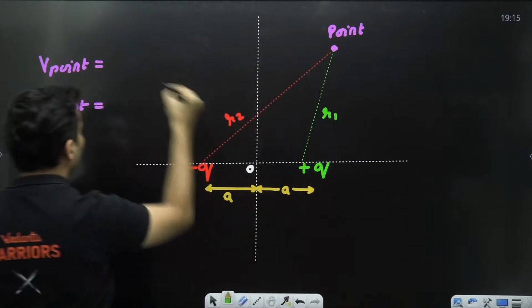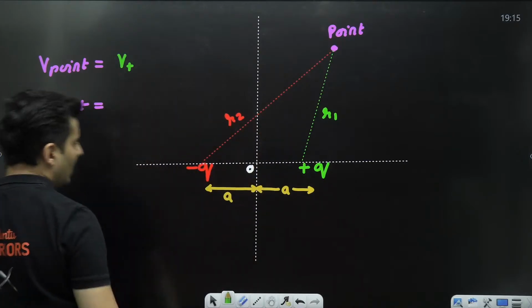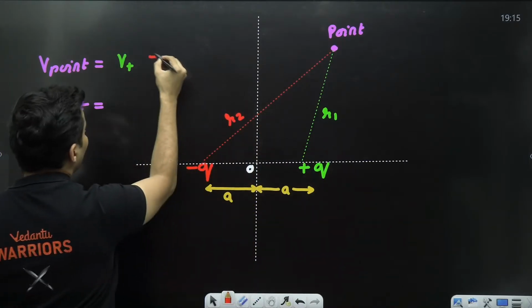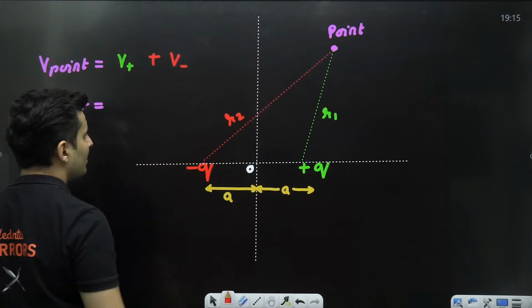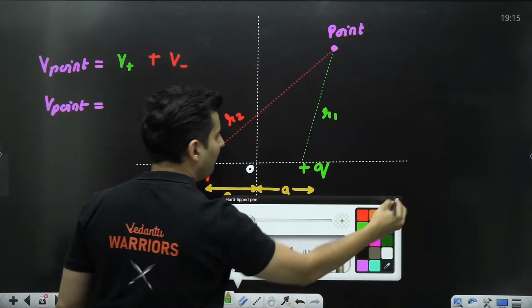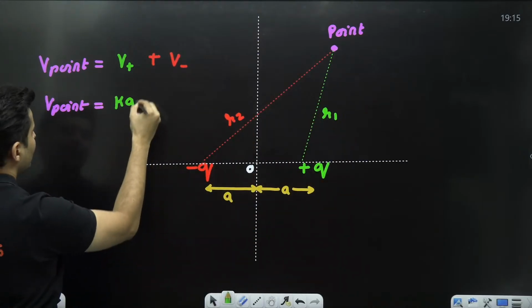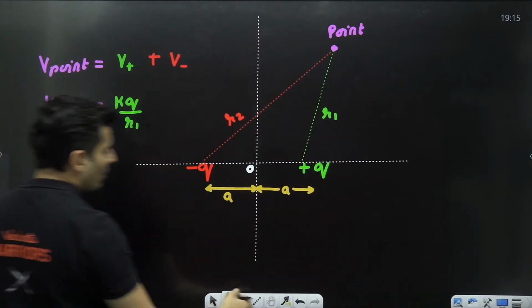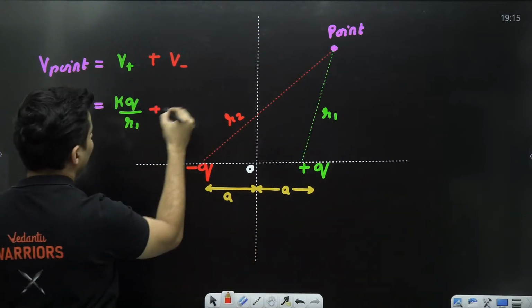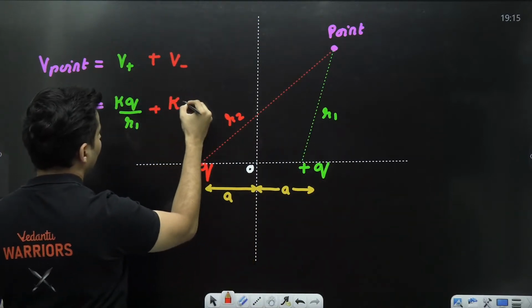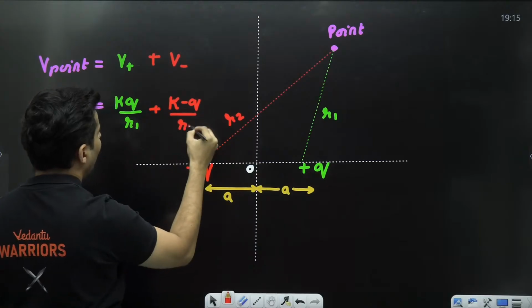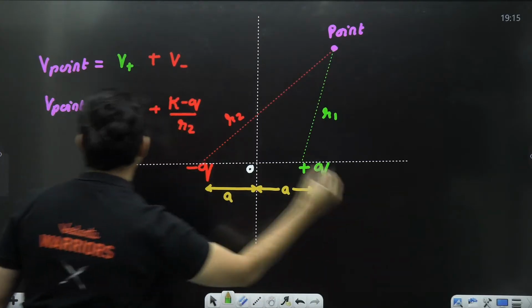Obviously, it will be the potential due to the positive charge plus the potential due to the negative charge. Due to the positive charge, it will be K, Q divided by R1. Due to the negative charge, it will be K, negative Q divided by R2. So if you want, you can take few things common.